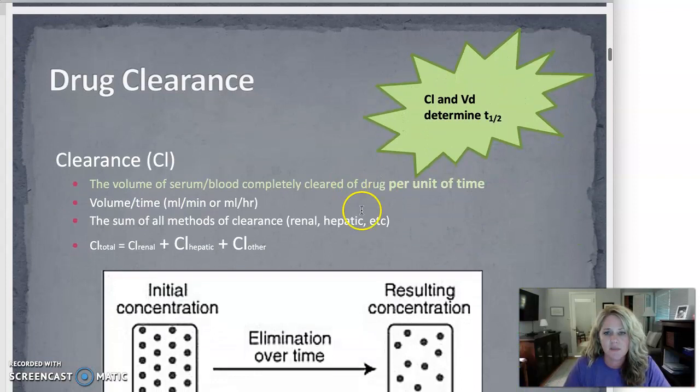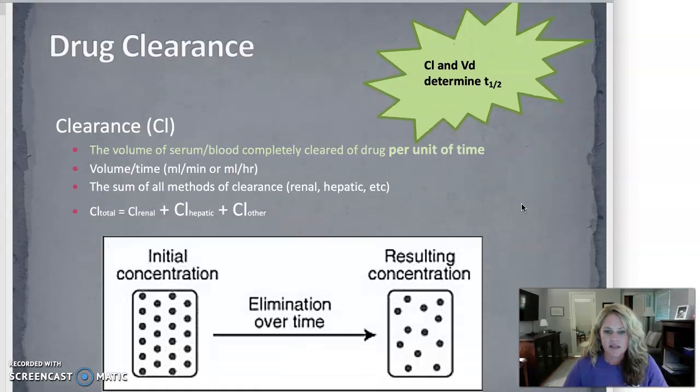Drug clearance. Clearance and volume of distribution together determine half-life. The clearance is the volume of blood that's completely cleared of drug per unit of time. So your units are going to be mLs per minute, or per hour. We use mLs per minute mostly.